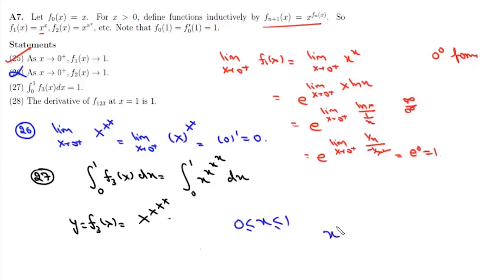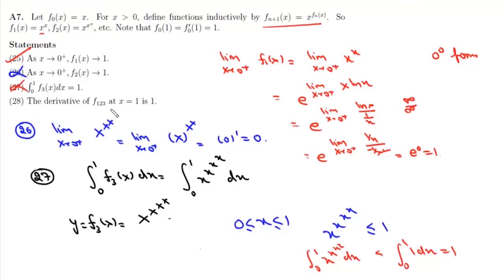Here x to the power x to the power x will always be less than or equal to 1. Now if we take this integral from 0 to 1 of x to the power x to the power x dx, it will be less than this integral from 0 to 1 of dx, as this function is not a constant function. Now this is 1. So value of this integral is always less than 1 and not equal to 1. That means this statement 27 is also incorrect.